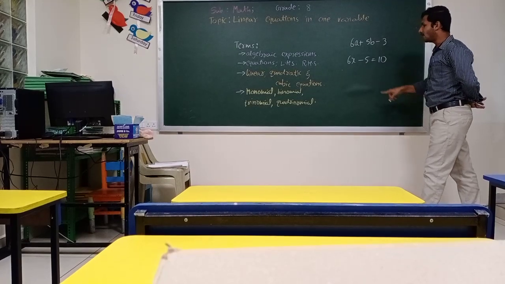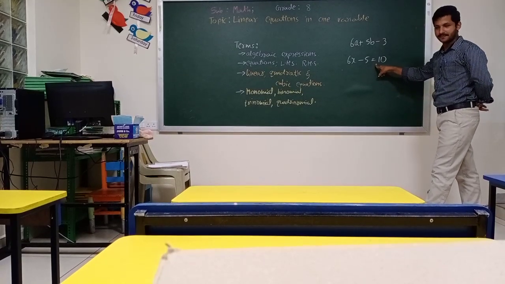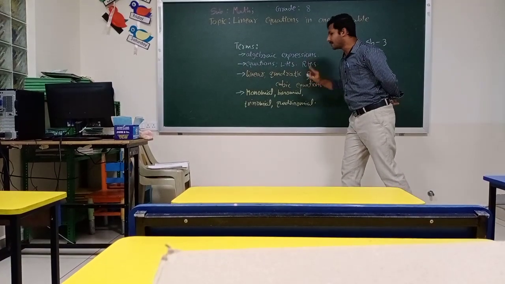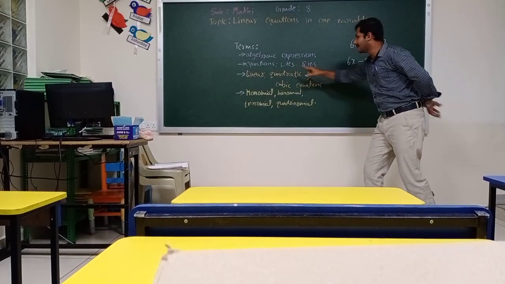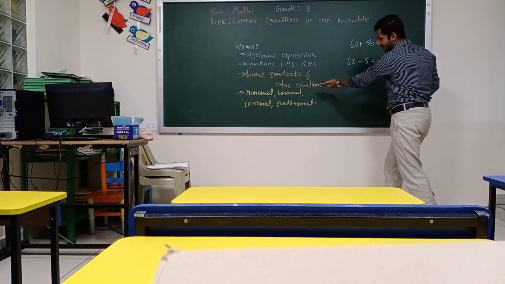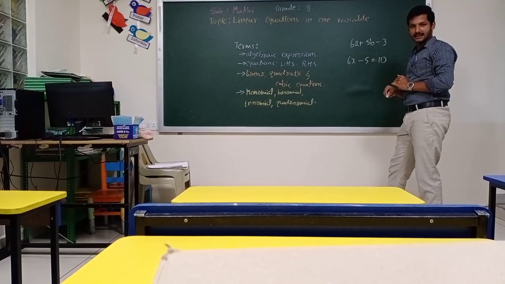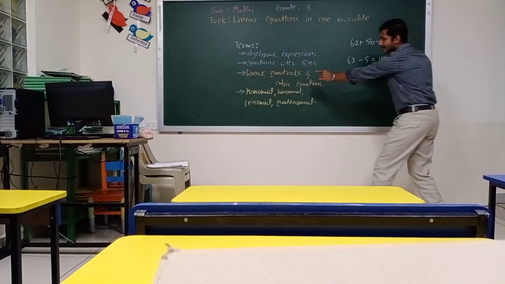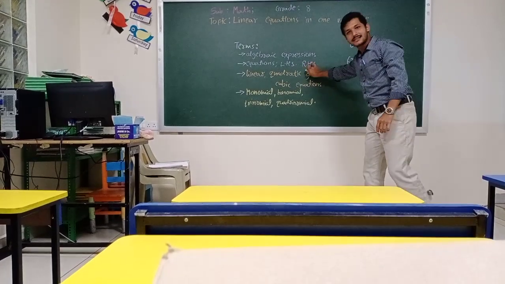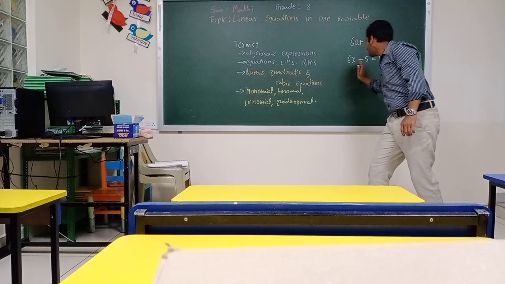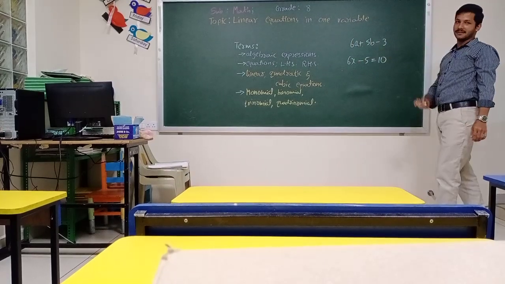It is an example for equation. Here LHS stands for the left hand side of the equal sign and RHS stands for the right hand side of the equal sign.